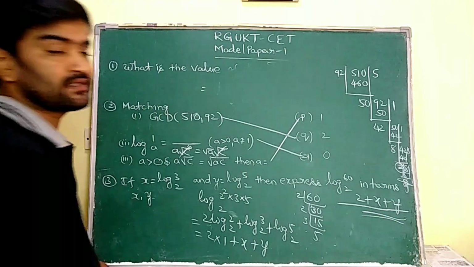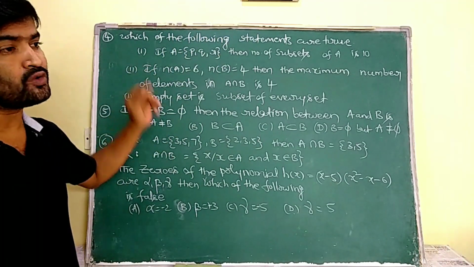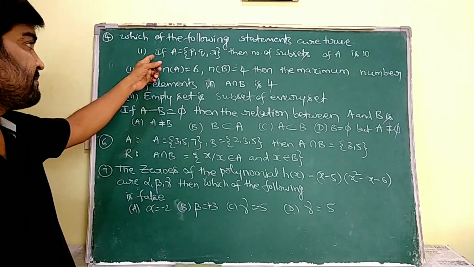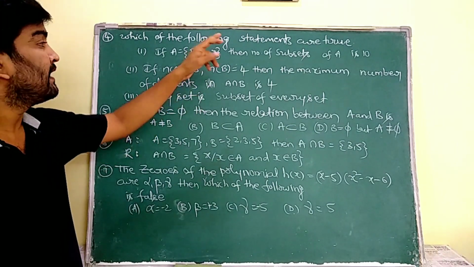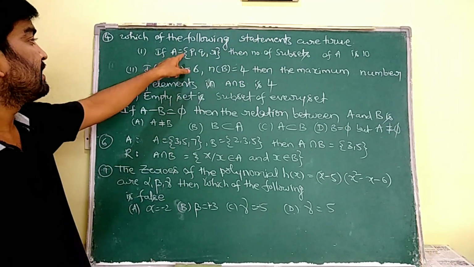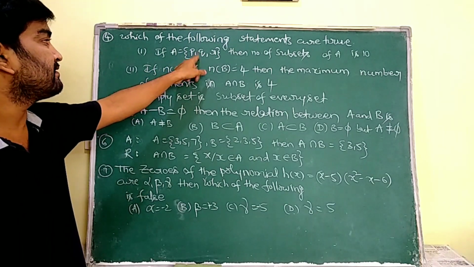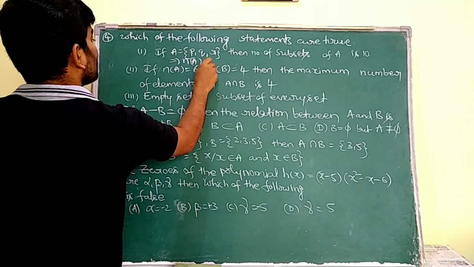That is our answer. Now, which of the following statements are true, he is asking. The first statement: if A is equal to {p, q, r}, then the number of subsets of A is 10. The number of elements in this A is 3.